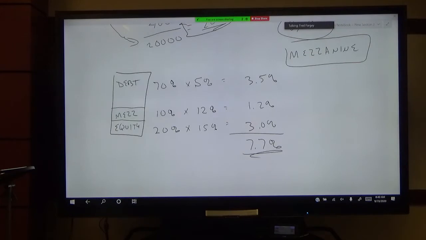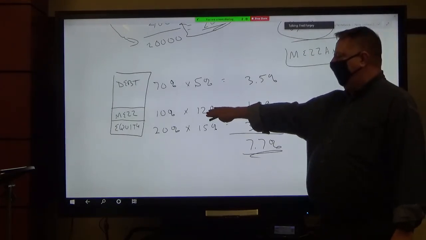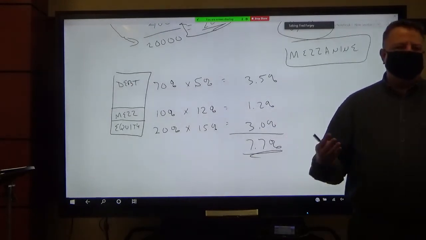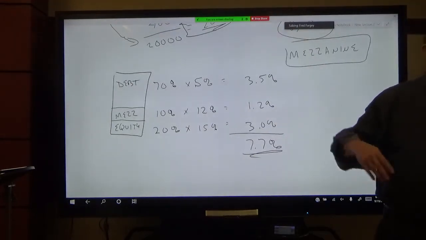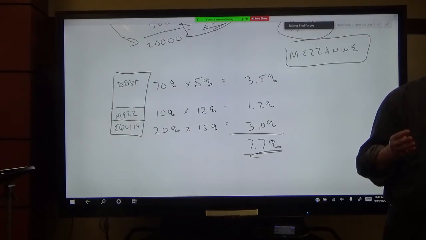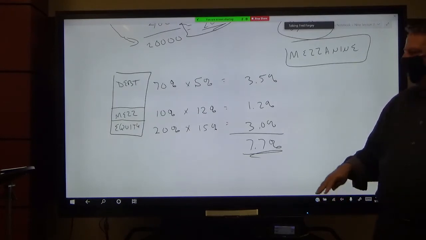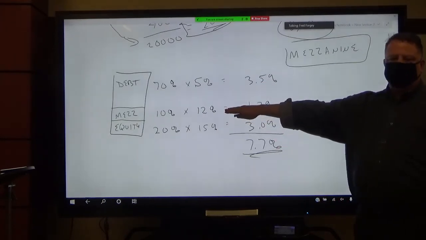But in exchange for that, they want a higher rate of return than would ordinarily be the case for your debt player, but they don't have as much skin in the game as the equity player, so their return is usually a little bit less.